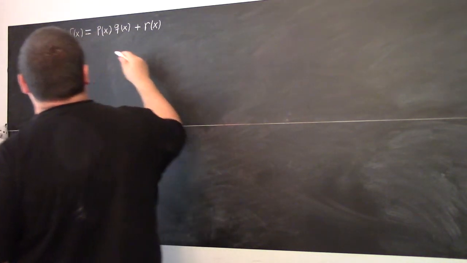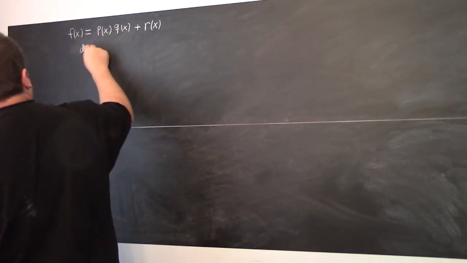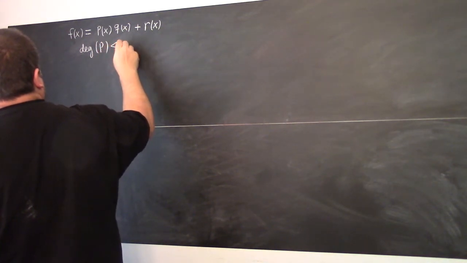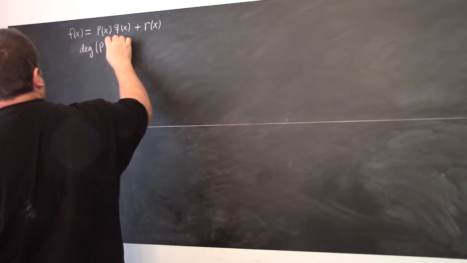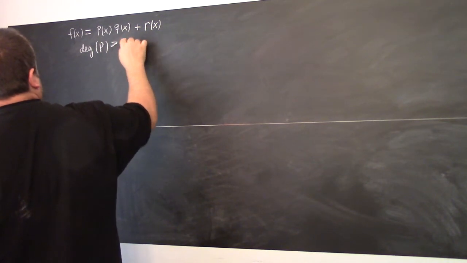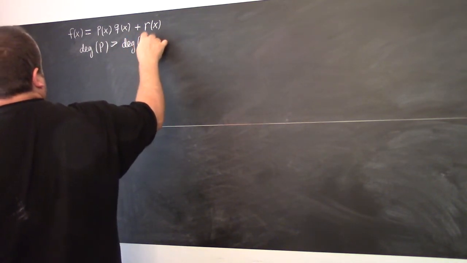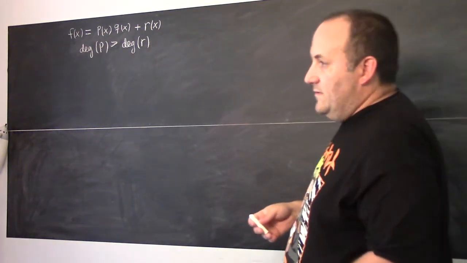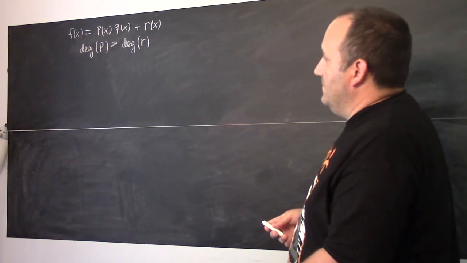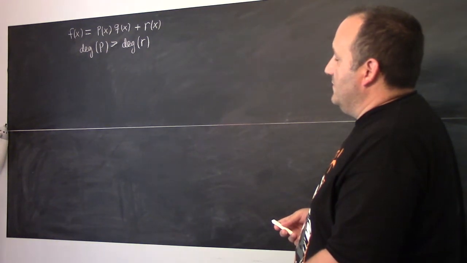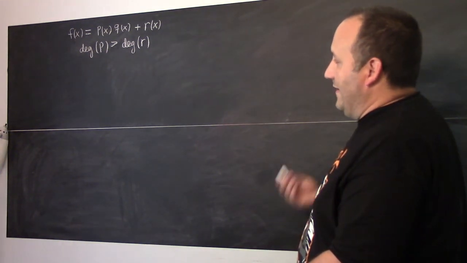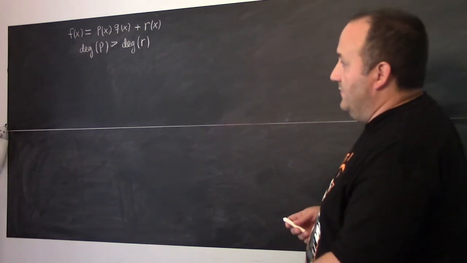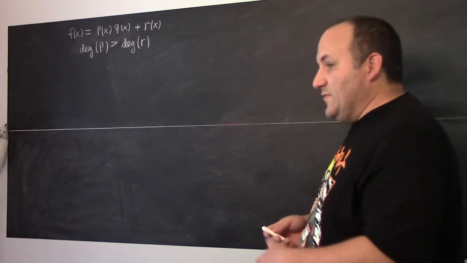The deal is that the degree of p is greater than the degree of r. Always greater than, not greater than or equal to. So if we're dividing by a quadratic, the remainder term has to be at most linear. If you're dividing by a cubic, the remainder term has to be at most quadratic.